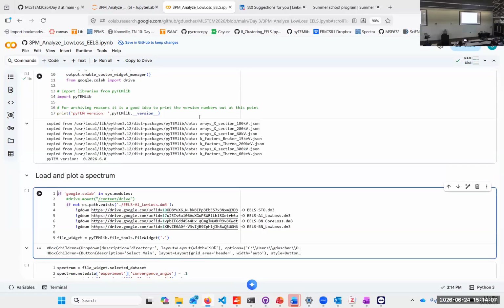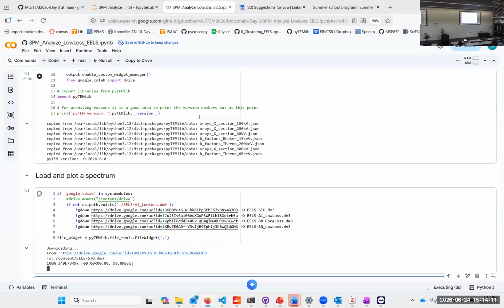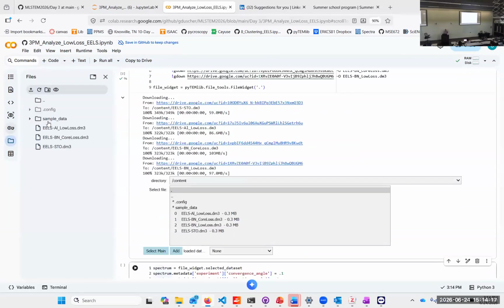The first thing we want to do is we want to load and plot a spectrum, obviously. If you look here at your part, then you see we have the different files downloaded.